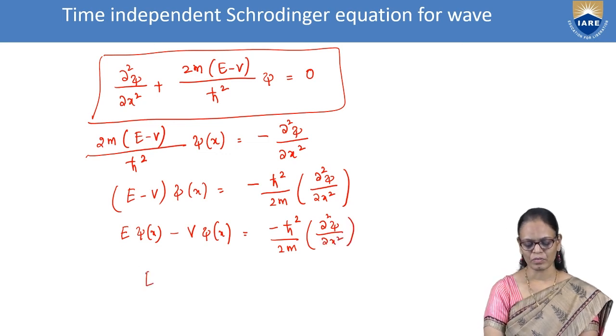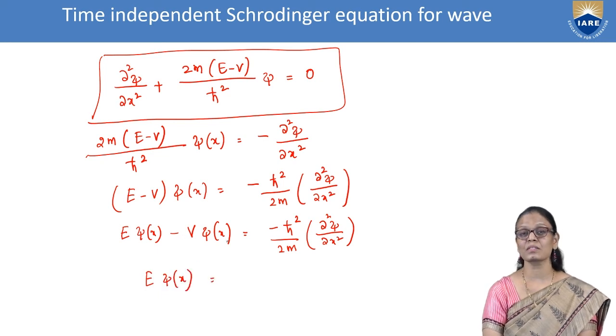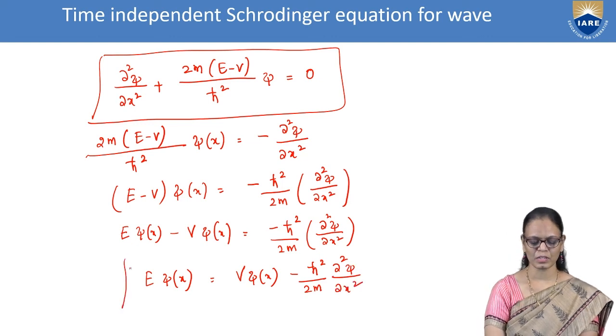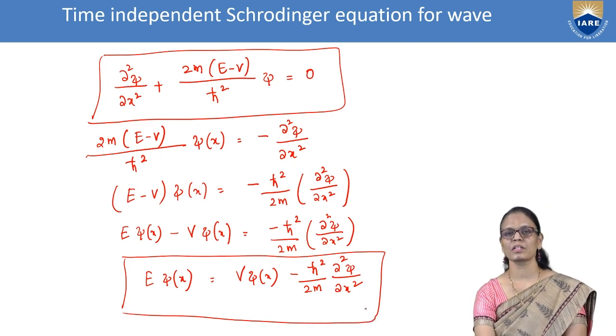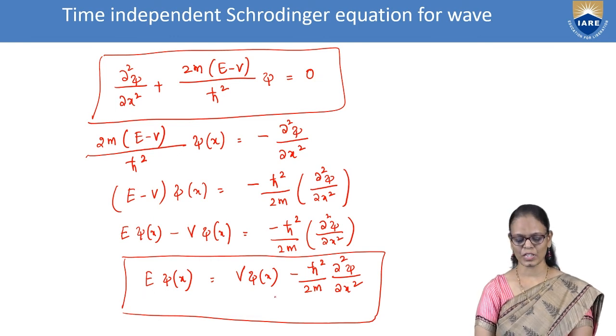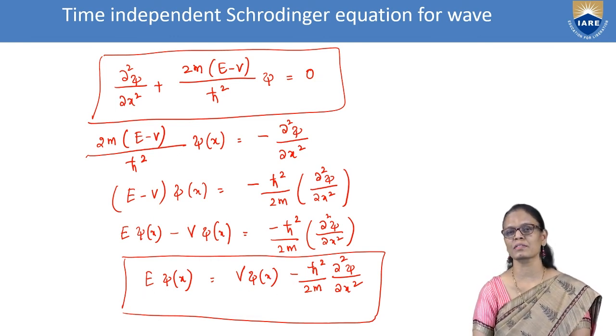I can write now E simply as this minus V. If it comes onto the other side, it will become V psi of x minus h cross square by 2m into dou square psi upon dou x square. So this gives the total energy. If you know the Schrodinger equation, you can also get the expression for the energy, which is given by V psi of x minus h cross square by 2m into dou square psi by dou x square.